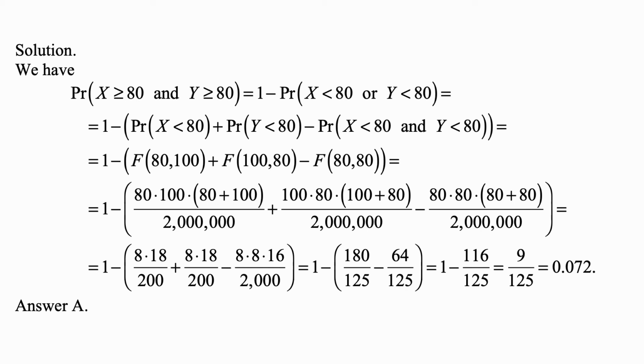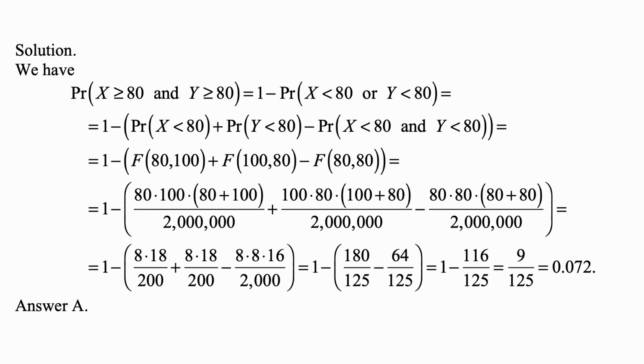And this is equal to 1 minus 80 times 100 times (80 plus 100) over 2 million plus 100 times 80 times (100 plus 80) divided by 2 million, and minus 80 times 80 times (80 plus 80) over 2 million. And then that's equal to, after you cancel out some things, 1 minus 8 times 18 over 200 plus 8 times 18 over 200 minus 8 times 8 times 16 over 2000.